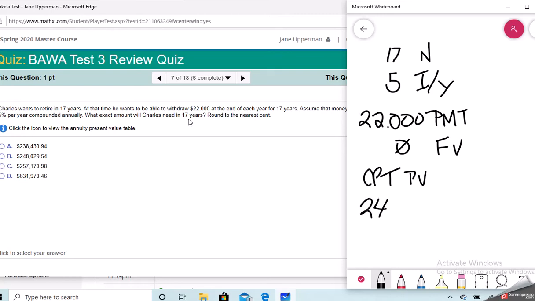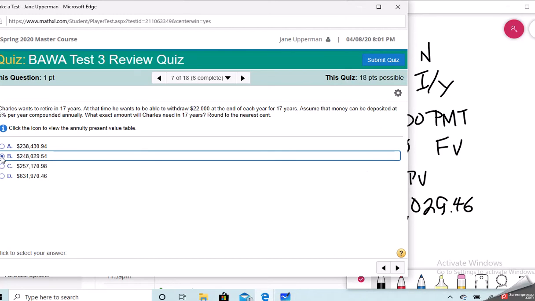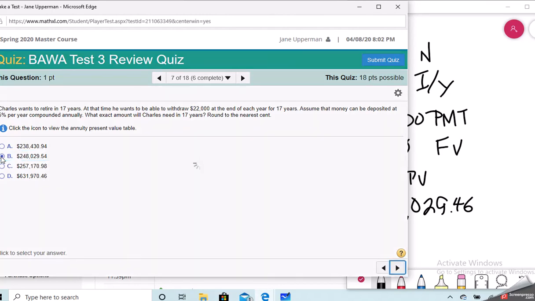So they would need to have $248,029.46. Now notice we're a little bit off because they're using the tables and we're using the calculators. I think our answers are a little bit more accurate, but then we're a few cents off in this one, but it is B. So don't let that confuse you with the quizzes. The test, it won't be multiple choice.